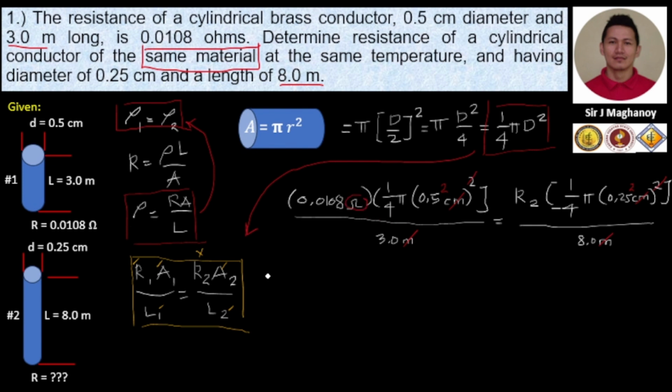If we do the math using the power of your calculator, shift solve, your final answer, your R2 is equal to 0.1152 ohms. So this is your final answer for our problem number 1, 0.1152 ohms.